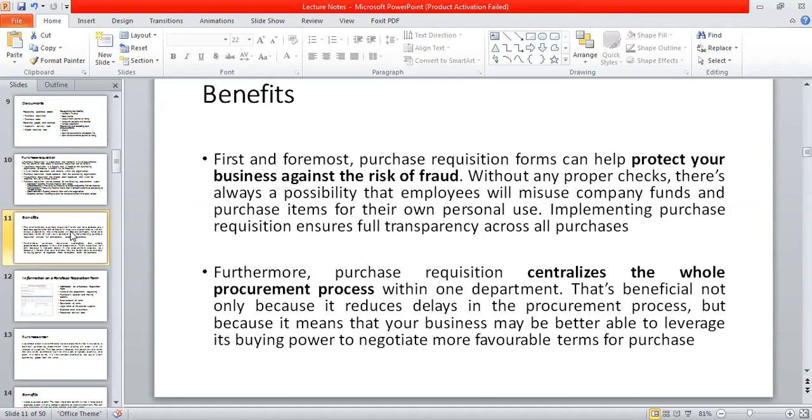Another benefit of using the purchase requisition forms is that it centralizes the whole procurement process.